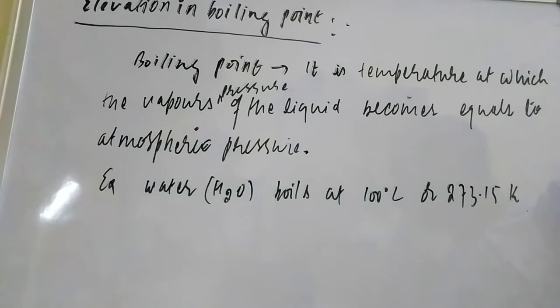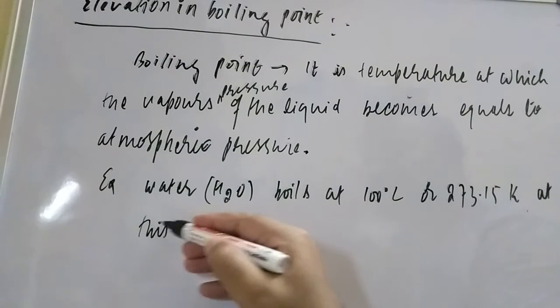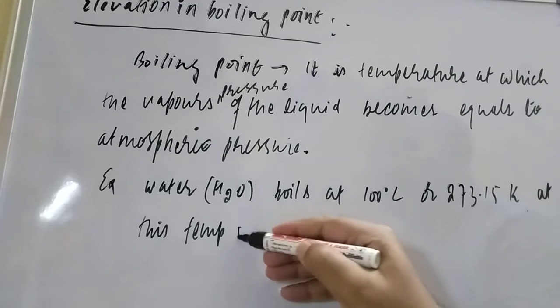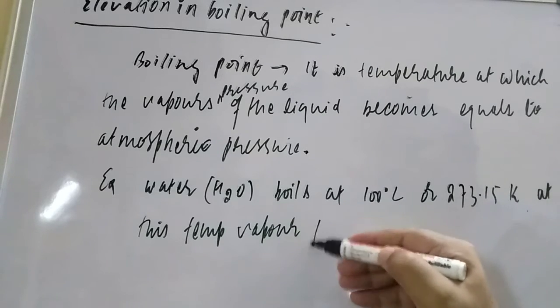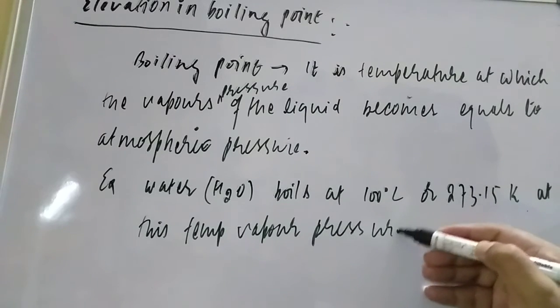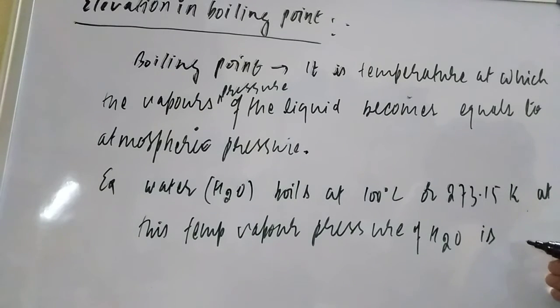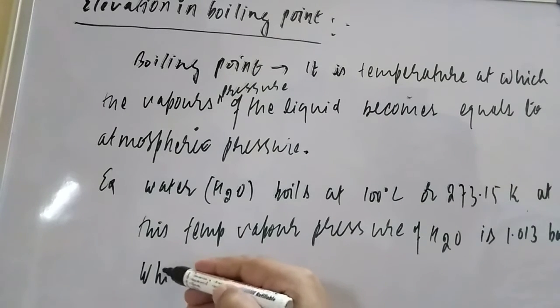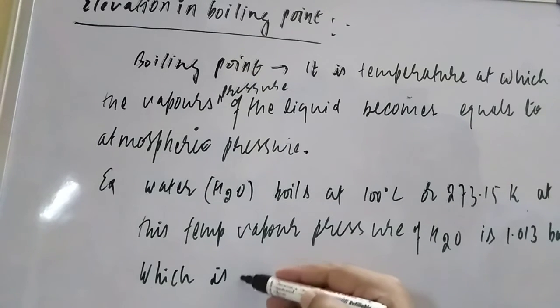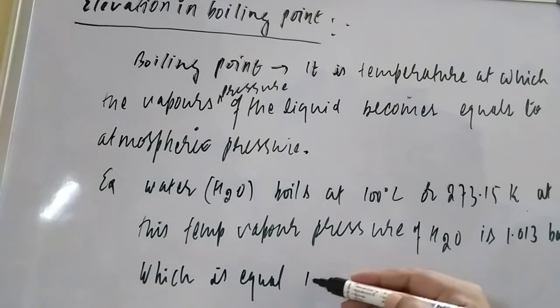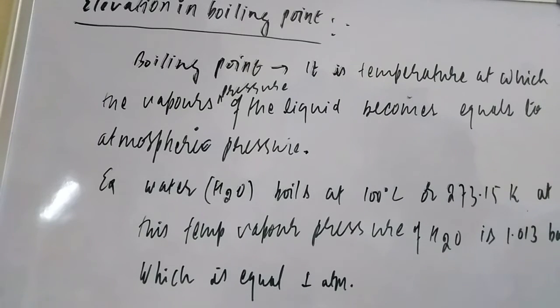At this temperature, the vapor pressure of water is how much, student? It is 1.013 bar, which is equal to atmospheric pressure, which is 1 atm.